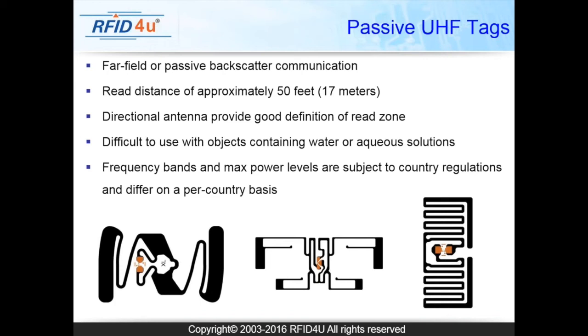So they said, well, what can you give us, Europe? So Europe came back and said we can give you 865 to 868 megahertz. And they went to each country around the world, and each country set up what their frequency range was going to be. All of these frequency ranges are between 860 megahertz and 960 megahertz. So you have different frequency ranges by country, but all within that same range.